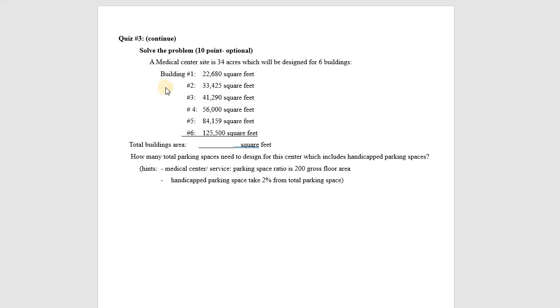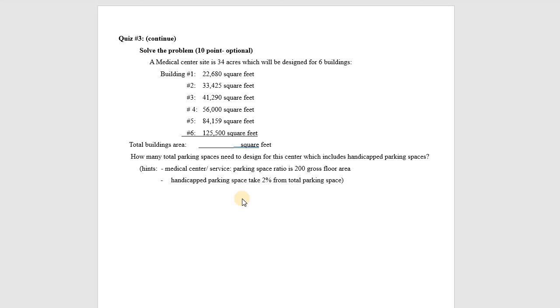So basically the problem looks like that. The first one, you add up the area. The second one, you divide by 200 to get how many parking spaces. The last one, you calculate how many handicap parking spaces you need for this medical center. And at the end, you add up the total parking, including the regular and the handicap parking spaces.